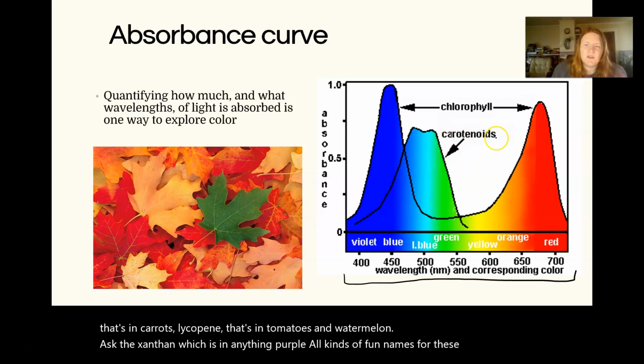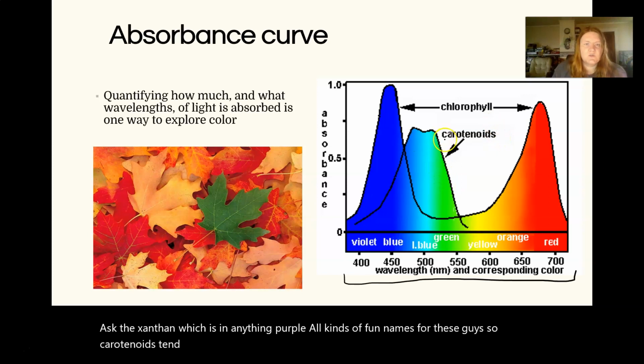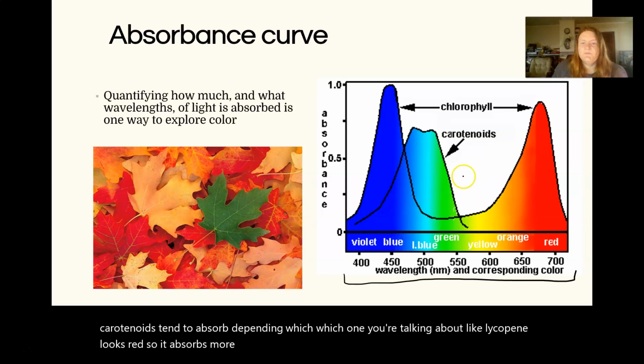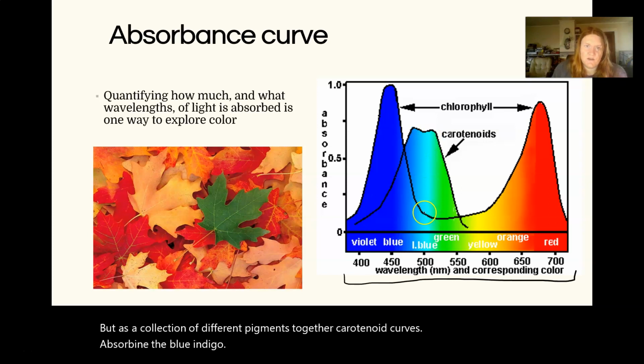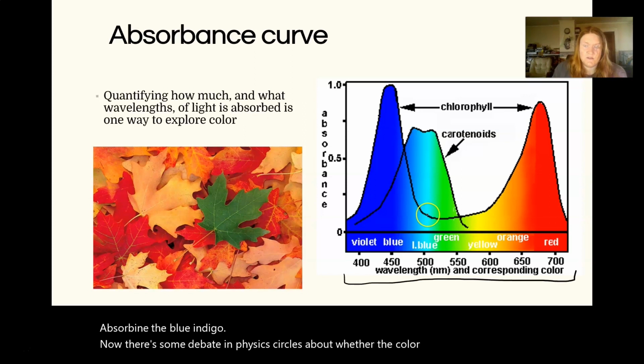So carotenoids tend to absorb, depending which one you're talking about, like lycopene looks red, so it absorbs more blue than the others do. But as a collection of different pigments together, carotenoid curves absorb in the blue, indigo. Now, there's some debate in physics circles about whether the color indigo is a legitimate color.